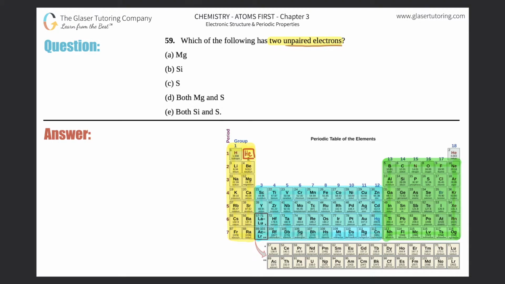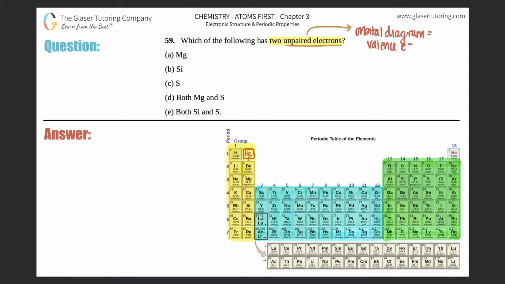When they're talking about unpaired electrons, it seems like I have to draw something in order to see this unpairing. When they're talking about unpaired or paired electrons, what they want you to draw is the orbital diagram. And orbital diagrams usually come from valence electrons.